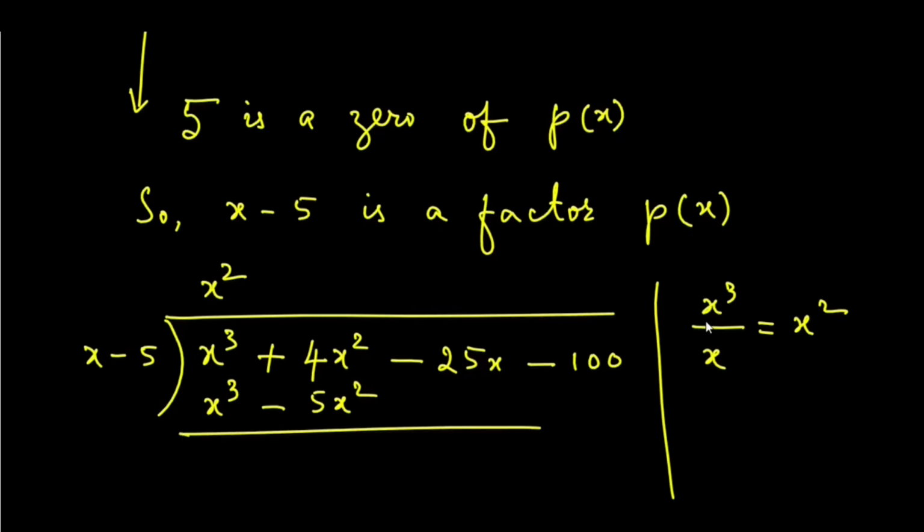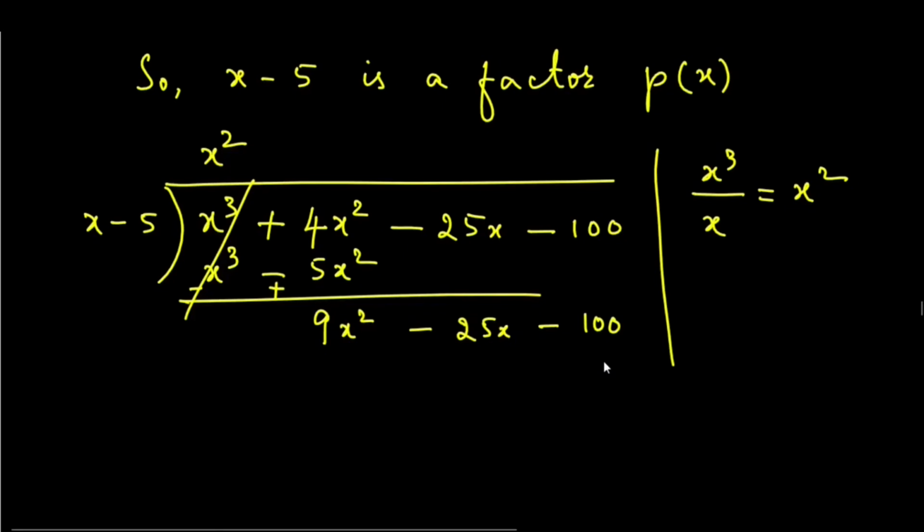We have to subtract this, so change the signs, minus here, plus here. 4x square plus 5x square, this is 9x square minus 25x minus 100. We can drop down minus 25x and minus 100 here itself, or we can drop them down later also.